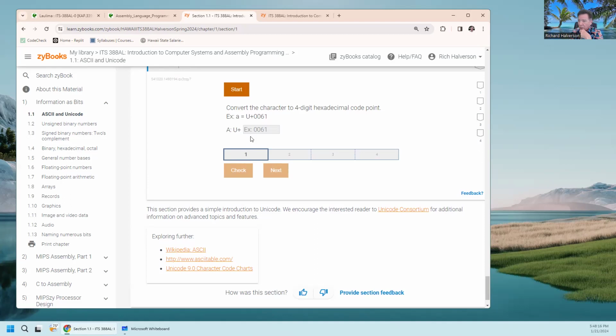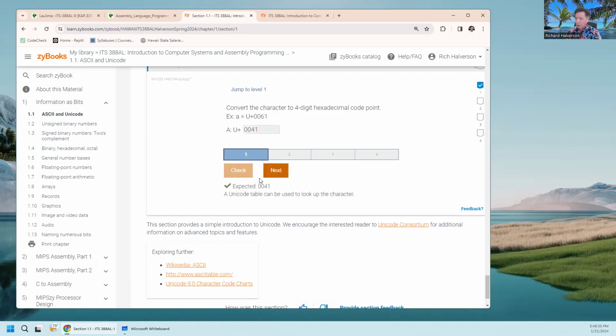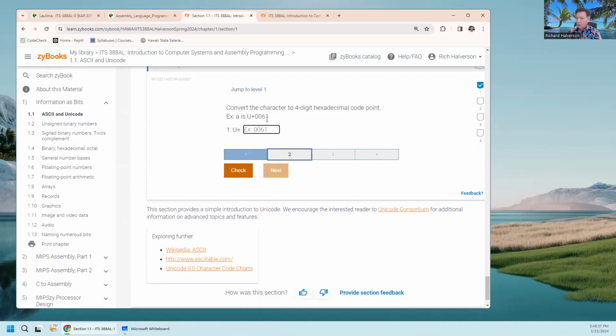Capital A must be, I would say 0041 just as a guess. U plus 0041. Yeah, what do you know? A is that.